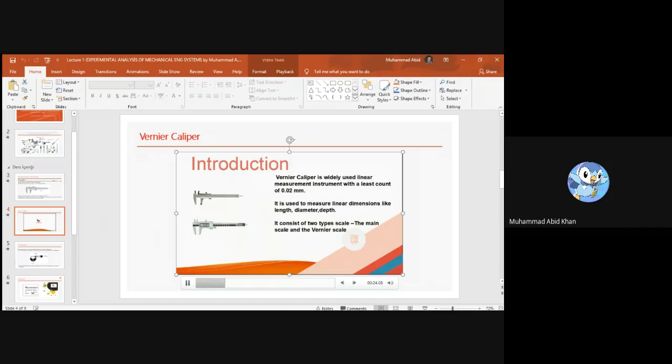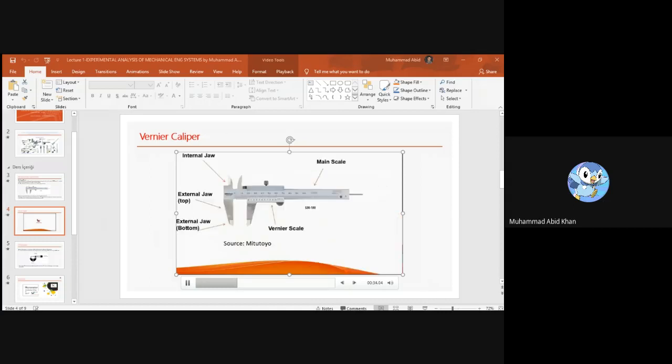It is used to measure linear dimensions like length, diameter, and depth. It consists of two types of scales, the main scale and the vernier scale. Next we have the main parts of the vernier caliper, where we have two scales, the main scale and the vernier scale, and two jaws, the internal and the external jaw.